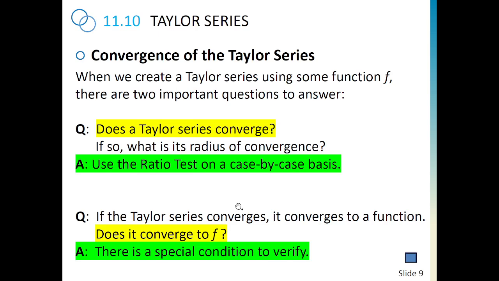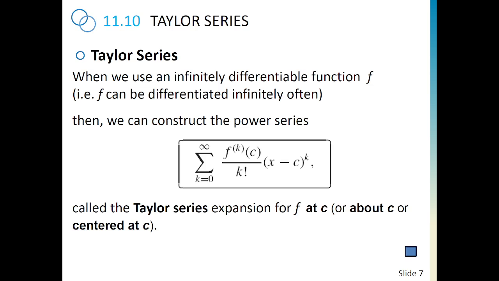So the question now is, it is convergent to what? Well, it's convergent to some function. Okay, what is the function? Well, hopefully it is f, because we used f to generate the series. So essentially, if I give you sine of x and I say find the Taylor series for sine of x centered at pi over 7, well, you generate the series using the formula here.